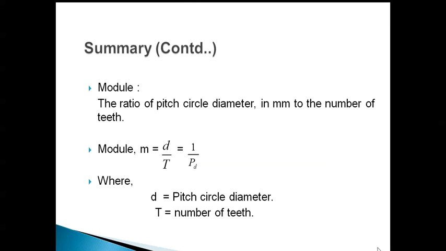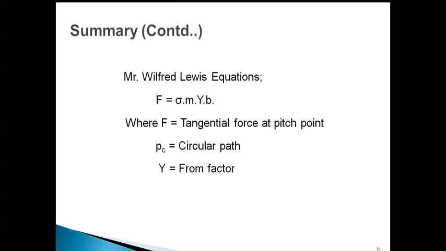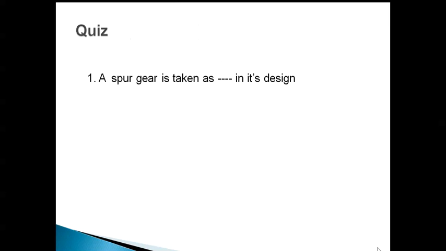The thickness of AB can be decided by its circular pitch, and to find the face width of the tooth we need to use the Lewis equation, that is F equals sigma into m into y into b. F is the tangential force at each point, y is the form factor, and b is the face width.